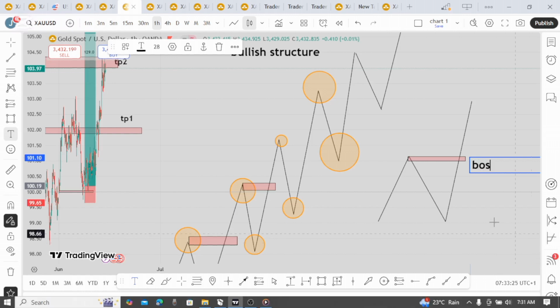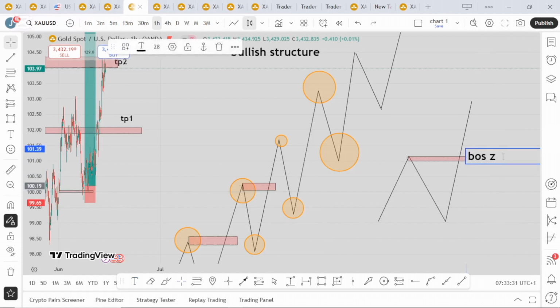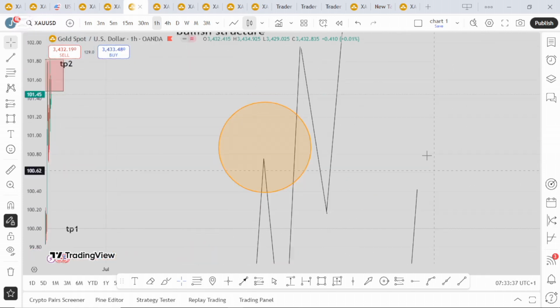Yeah, this is how we write it. Break of structure. This is a break of structure zone. You see what price did? This is a break of structure zone.